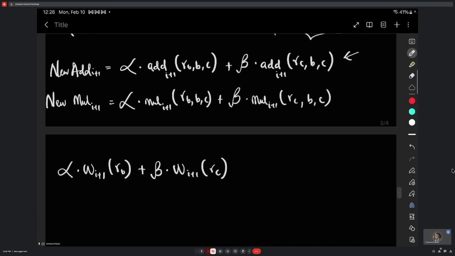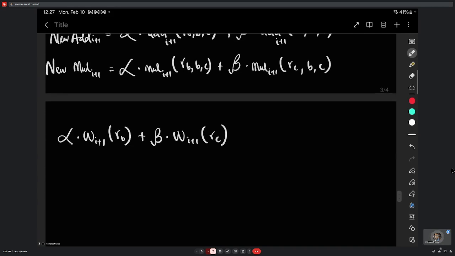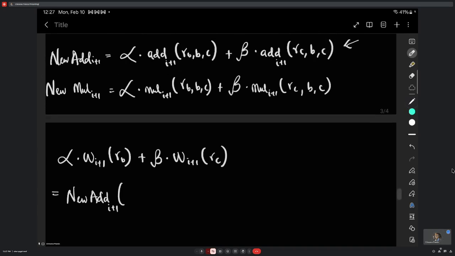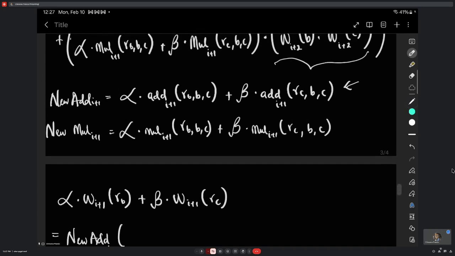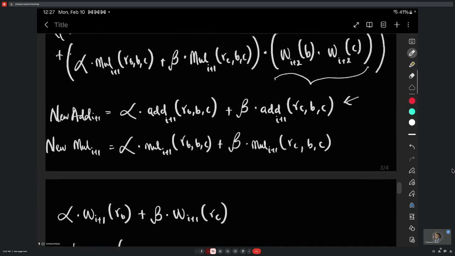Nice. So this should now be equal to the new add of I plus 1, times W of I plus 1. How do you add that as a polynomial? Yeah, new add I plus 1 in BC.